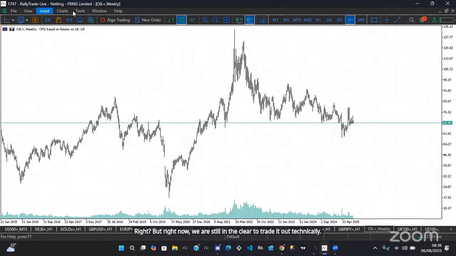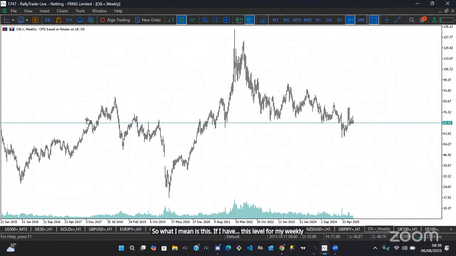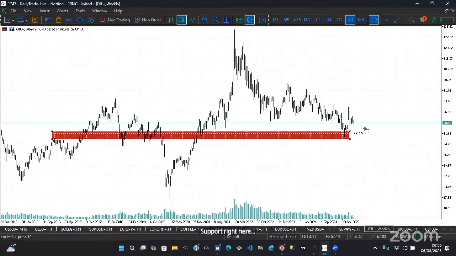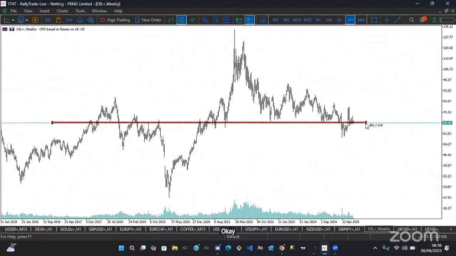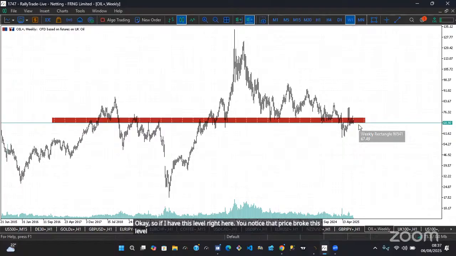So what I mean is this: if I have this level for my weekly, if I have this level accurately drawn, from this resistance that became support right here, all of these levels. Now it's too large, but I need to be very specific. So if I have these levels right here, you notice that price broke this level slightly, but it's coming back to this level.